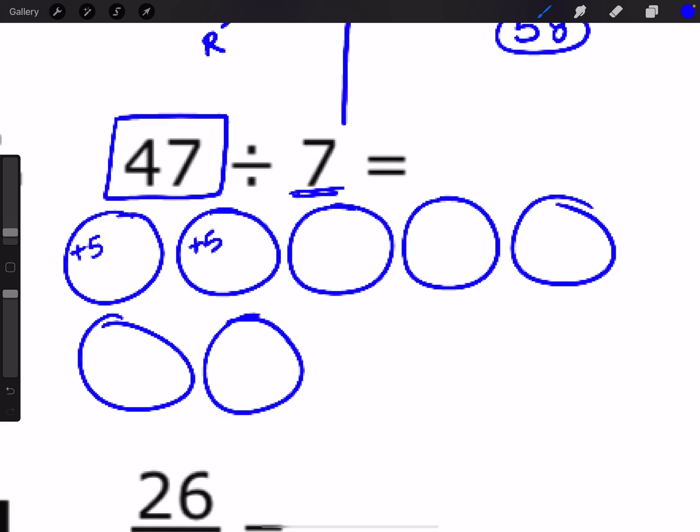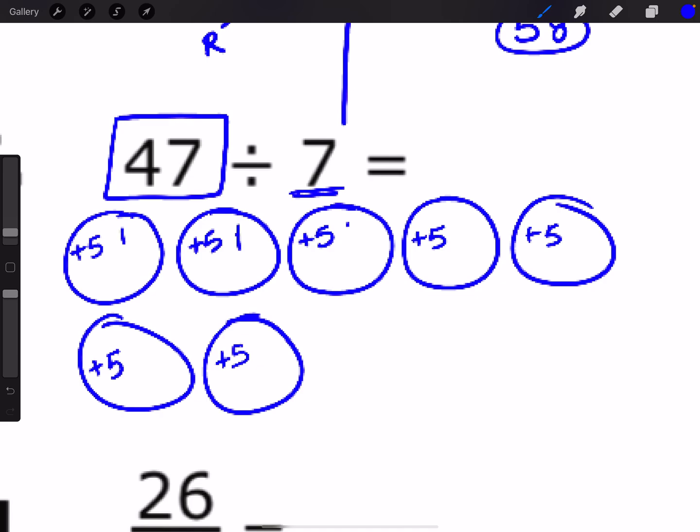So we have plus 5, then 10, 15, 20, 25, 30, 35. Now I can't do another 5 because that would be too many. So let's just do 1.